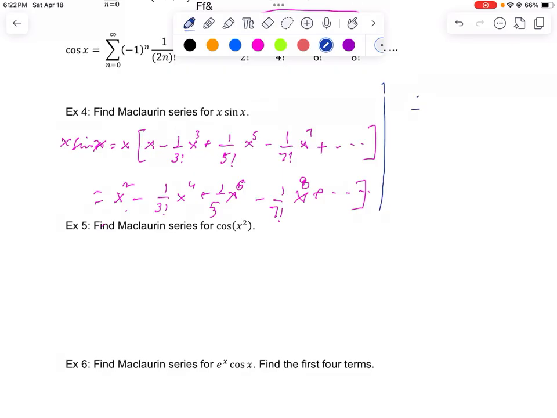Summation n equals something to infinity, and in here -1. Again, what power we have to put there, we'll see. Then we have x raised to the power.